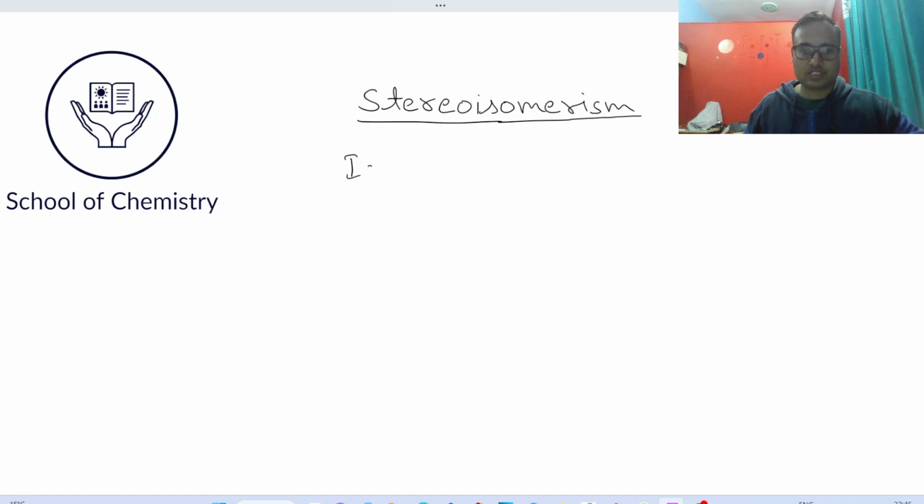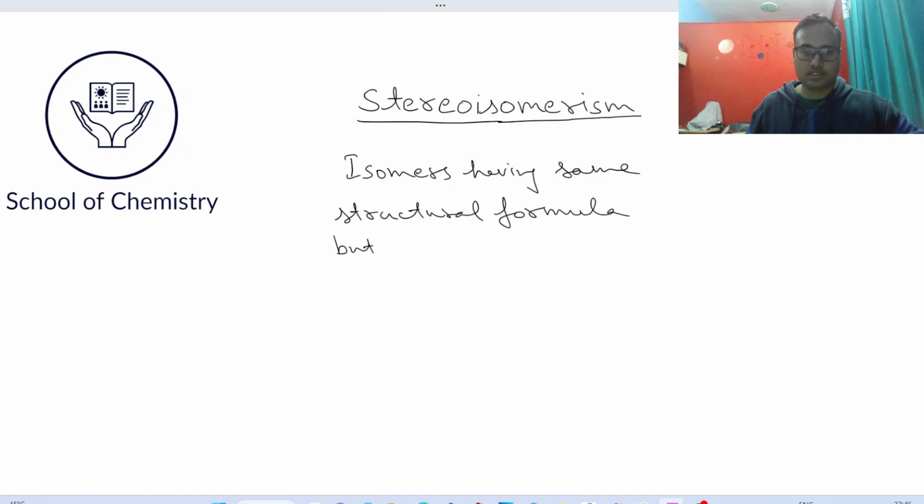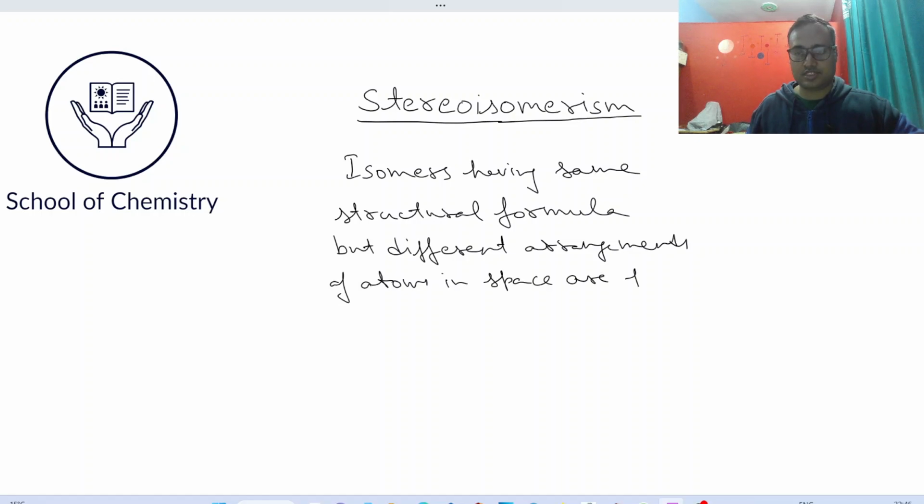Isomers having the same structural formula but different arrangement of atoms in space are known as stereoisomers.